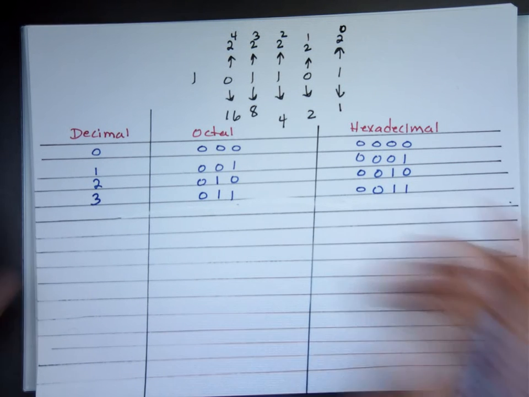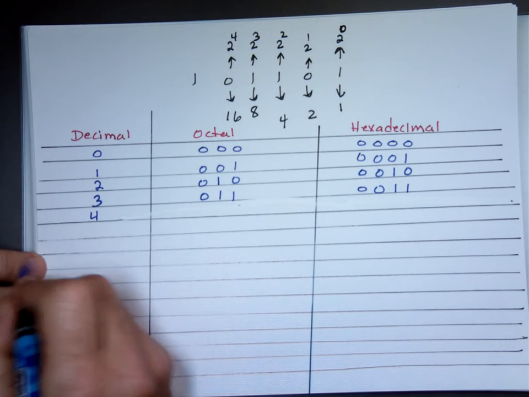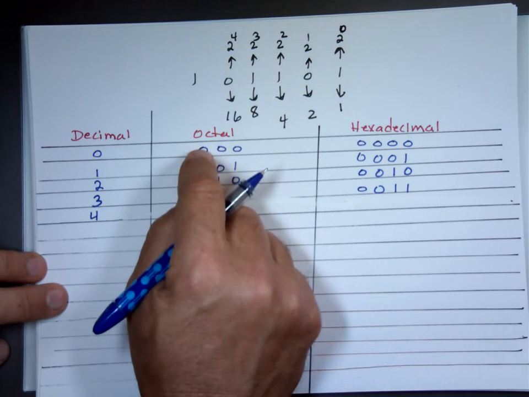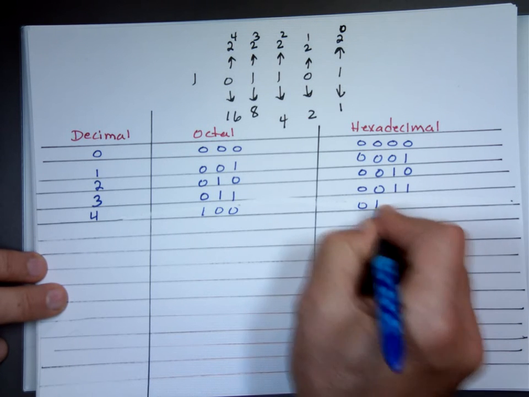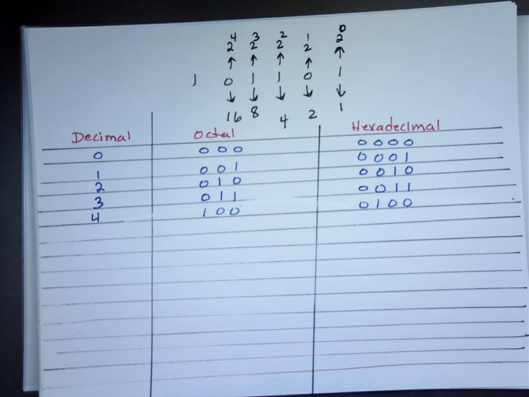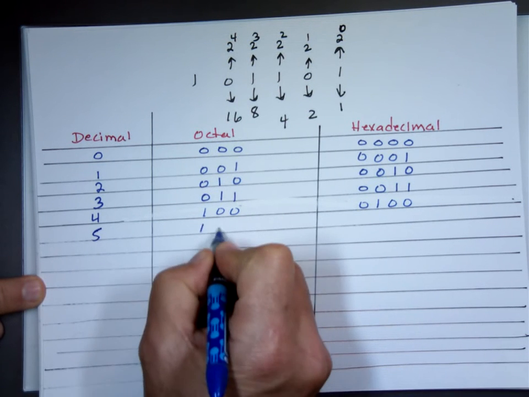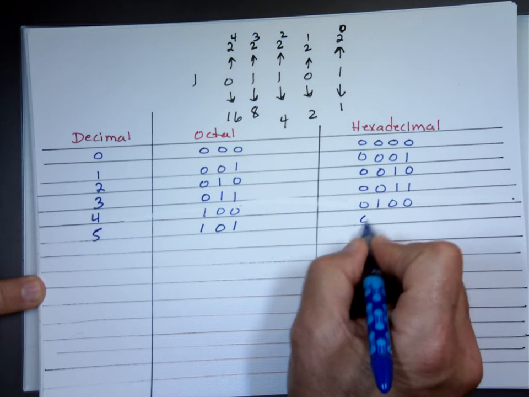It looks like the same, everything, except 1 extra digit here. The 4. The 4 is 1, 0, 0. The 1, 2, and 4. The 5 is 4 and 1. 1, 0, 1.